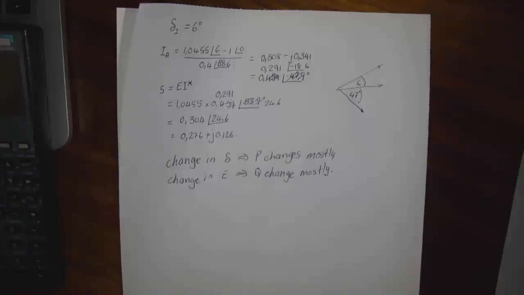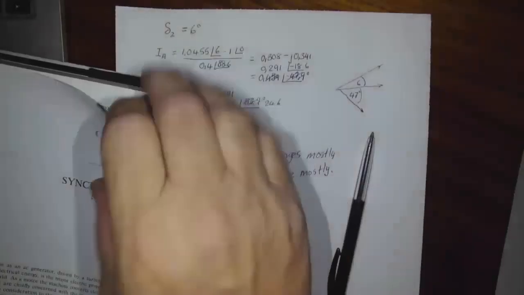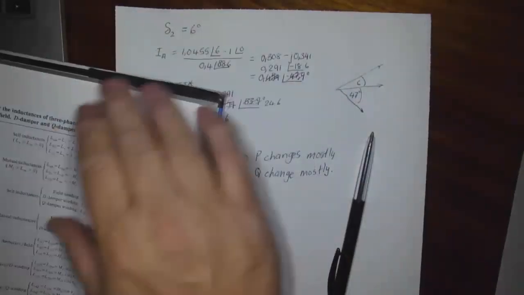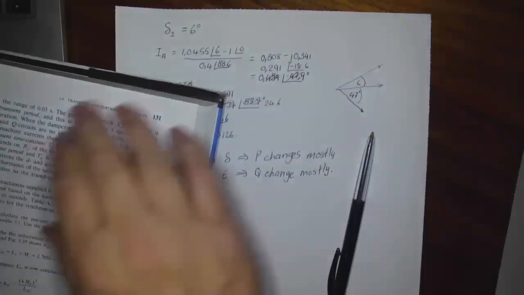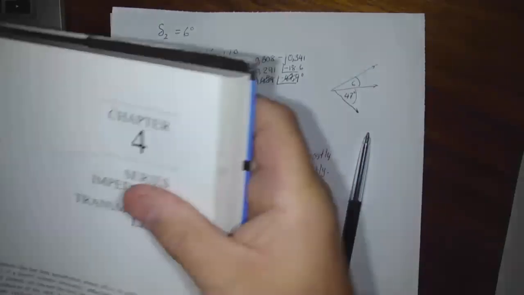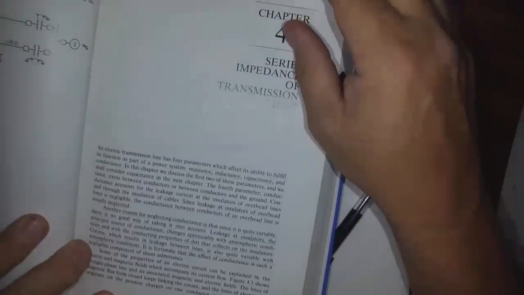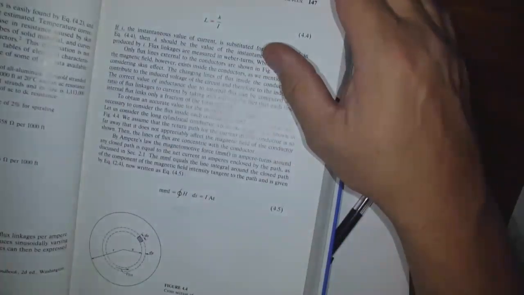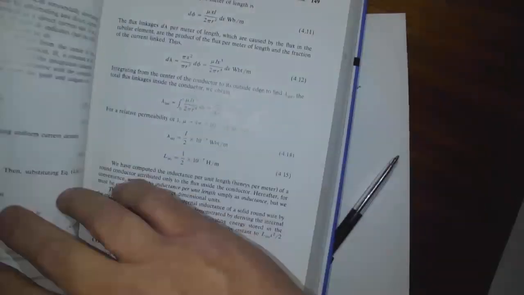All right, then the next chapter that we are going to do is chapter 4 and 5. So we're going to do chapter 4, 4.1, 4.2, 4.3, 4.4, 4.5.